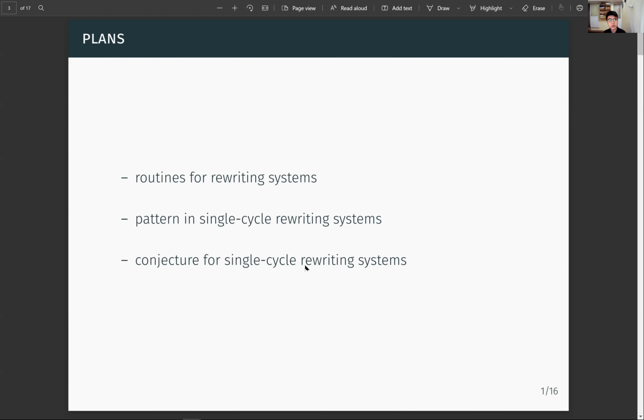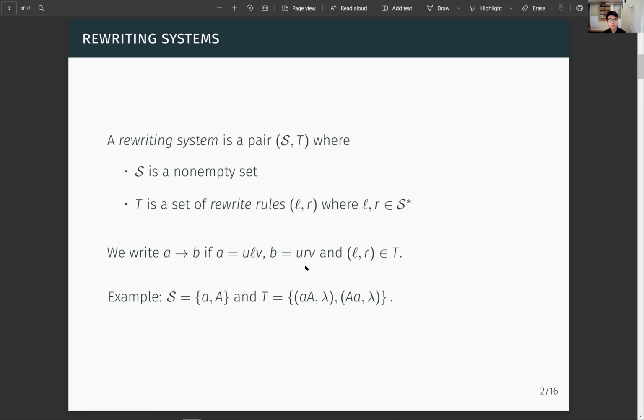Okay, so just a refresher. Before we dive in, we go through quickly the definitions of rewriting systems again. A rewriting system is a pair (S, T), where S is a non-empty set, also called the alphabet, and T is a set of rewriting rules (l, r), where l and r are words made from elements in S. We write A reduces to B if A is of the form ulv and B of the form urv, and (l, r) is in the rewriting rule set.